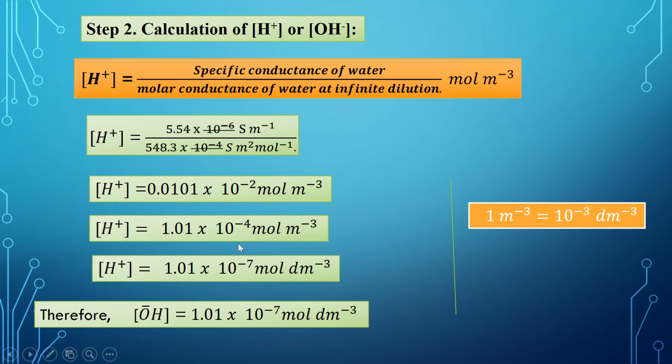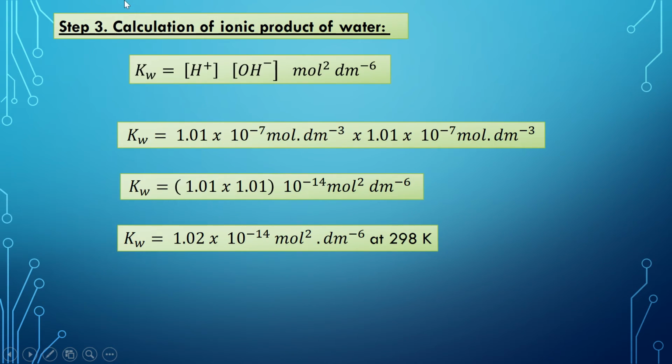Finally, H plus is equal to 1 into 10 to the power of minus 7. Similarly, OH minus also has the same concentration, 1.0 into 10 to the power of minus 7 mole per dm cube.